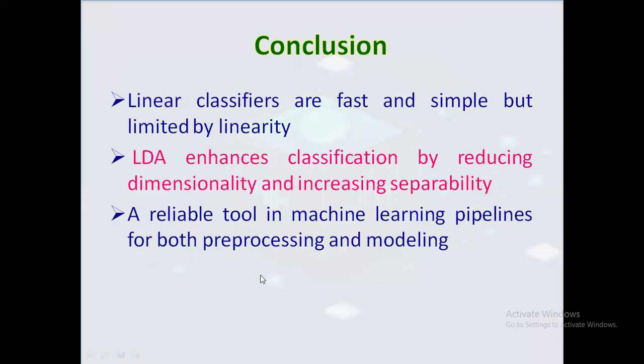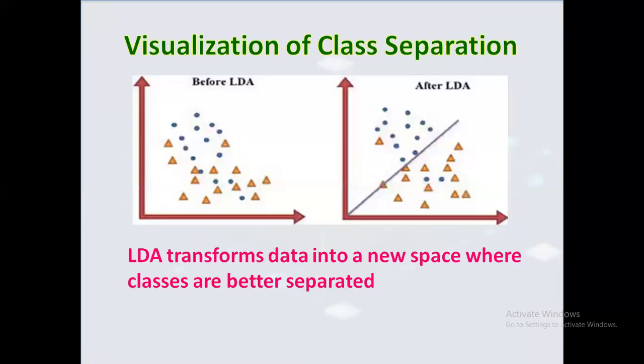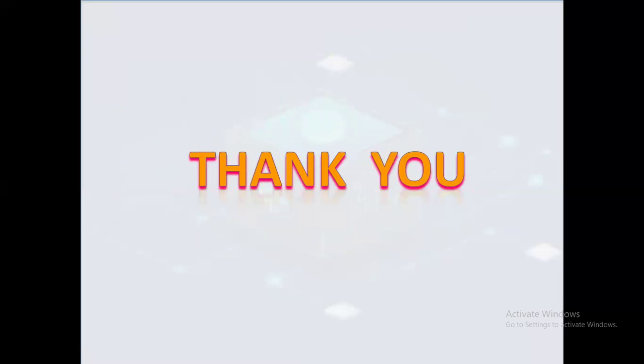LDA extends the capabilities of linear classifiers by transforming data into a space where classes are more separable. This transformation enhances both classification performance and model interpretability, making LDA a valuable tool in modern machine learning pipelines.